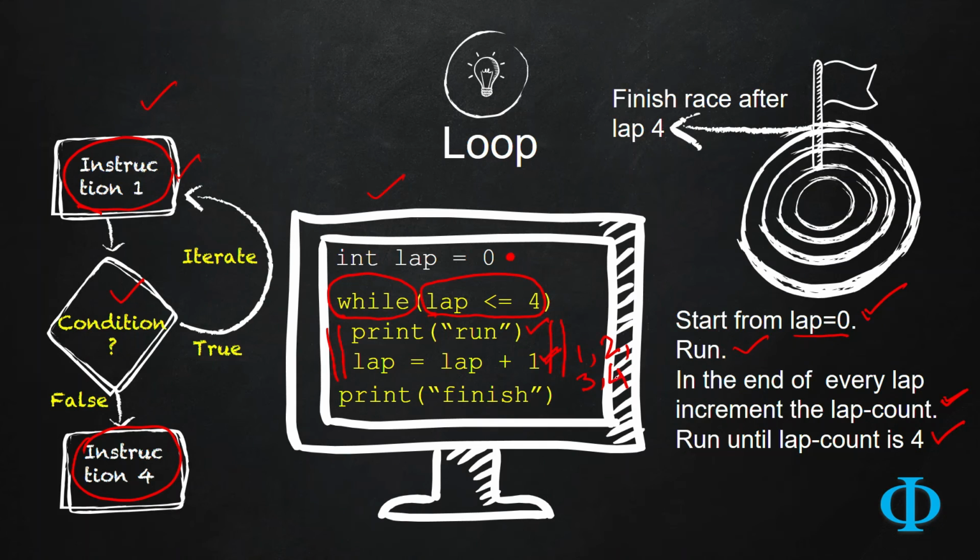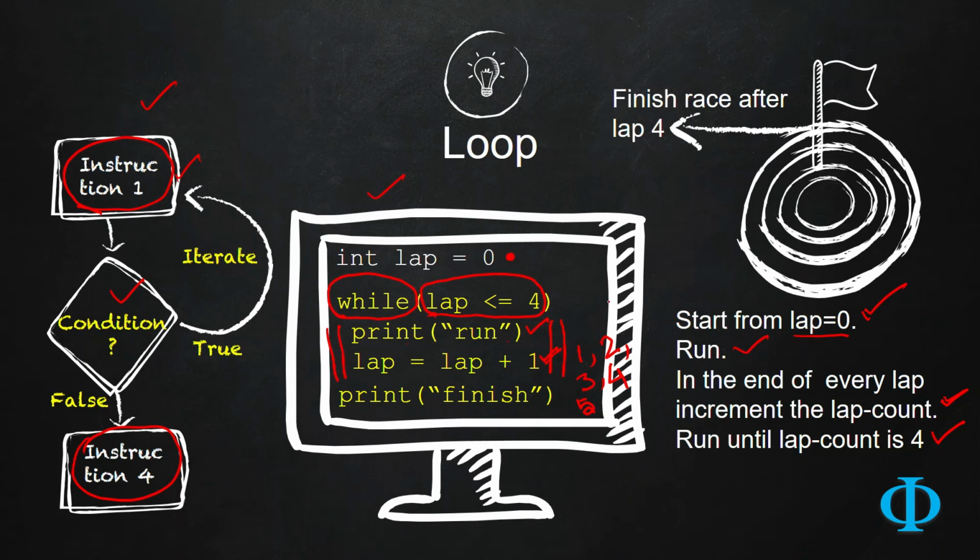And once it is 4, 4 is less than or equal to 4, so still it is true. So it will again go inside this while loop, and after printing run, it will again increment the value of lap by 1, and now the value of lap is 5.